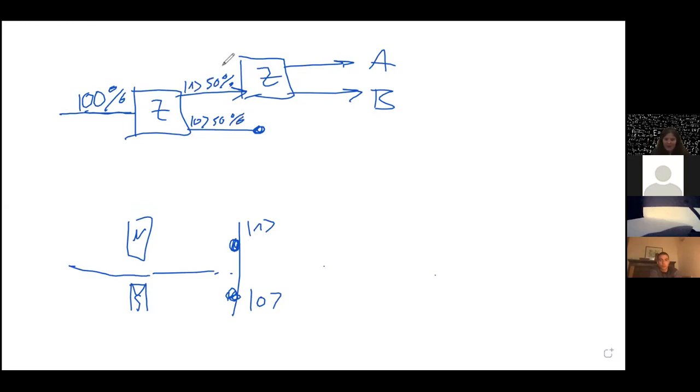And then you put only these 50% into the next apparatus. So you only put 50% of the initial electrons here, and they are already in the one basis because you only put this one in the next Stern-Gerlach experiment.